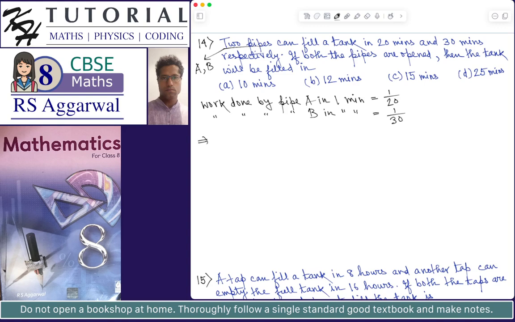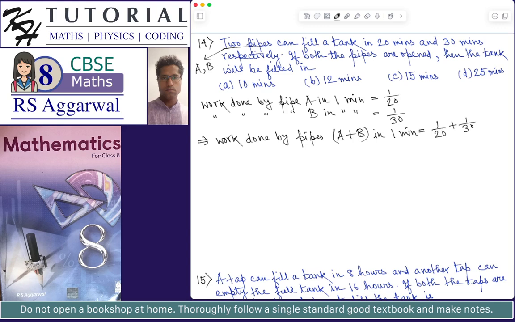So this implies work done by pipes A plus B, that is when both the pipes are open or both the pipes are working together, work done by pipes A plus B in 1 minute will be equal to 1 by 20 plus 1 by 30.